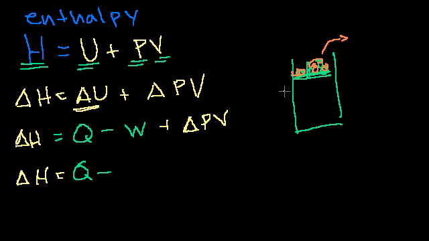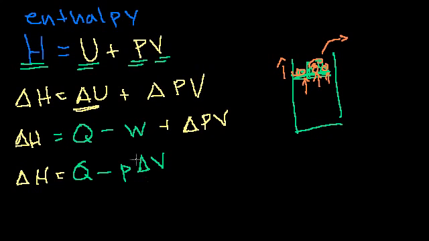But what's actually happening? When is the work being done? You have some pressure being applied up here, and this piston is going to be moving up, and your volume is going to increase. And we showed multiple videos ago that the work done by the system, which you can kind of view as the volume expansion work, is equal to pressure times change in volume.